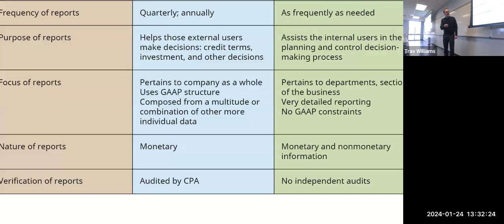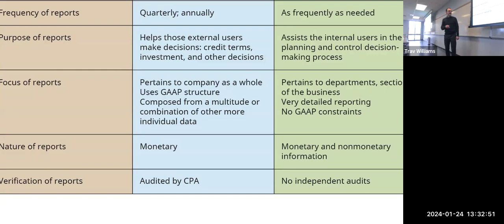In financial accounting, the reports are monetary in nature. Everything is measured in dollars and cents. In managerial accounting, not always. Some managerial accounting deals with things like social responsibility, sustainability, environmental impact, employee satisfaction, things that you can't really measure in dollars and cents.